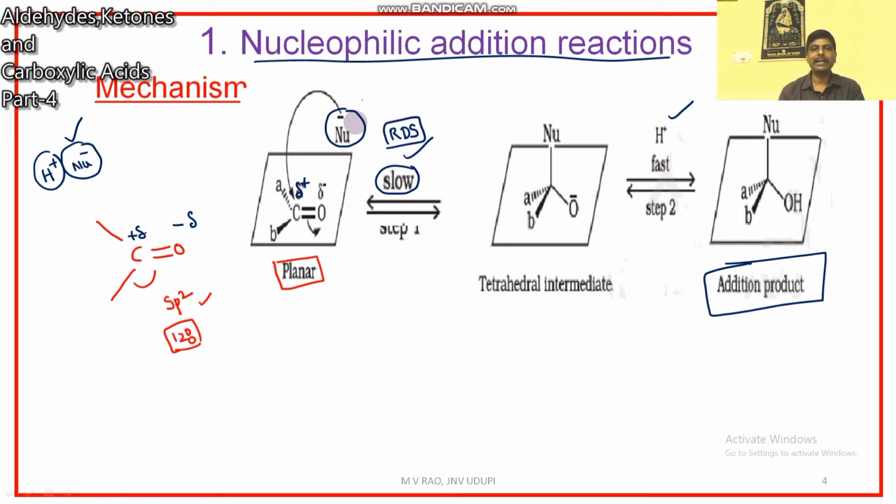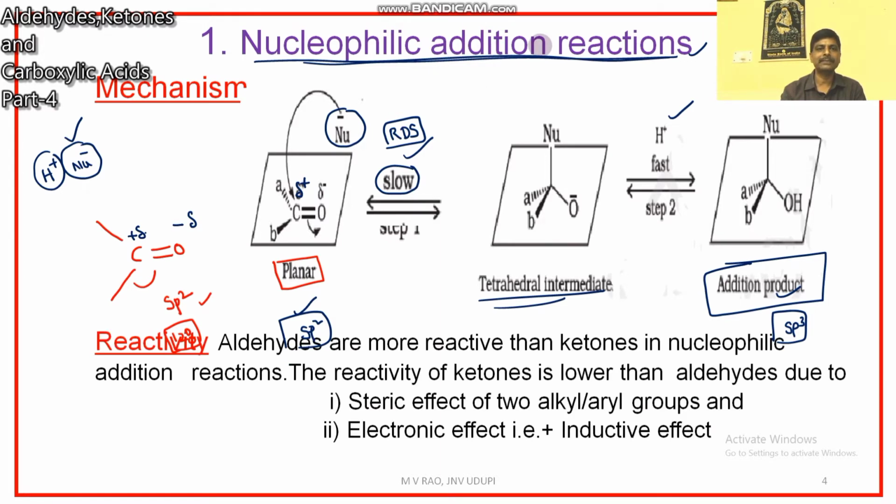In the rate determining step, the nucleophile attacks carbon. That's why it is a nucleophilic addition reaction. It is a planar sp2 molecule that changes to a tetrahedral intermediate. The product is an sp3 hybridized tetrahedral product. This is the mechanism of nucleophilic addition reactions.